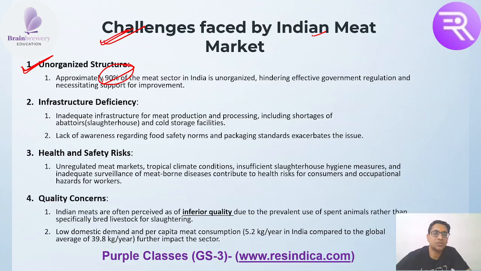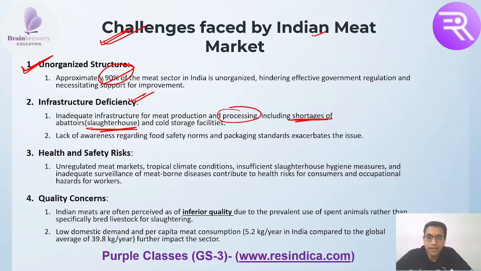Then infrastructure deficiencies are there. A lot of processing centers are not following all the related procedures, the processing process is not being followed, there is a shortage of cold storages, a shortage of slaughterhouses, abattoirs, right? Then only a few are running big slaughterhouses, and they have all the mechanized machines. But what about the smaller slaughterhouses?